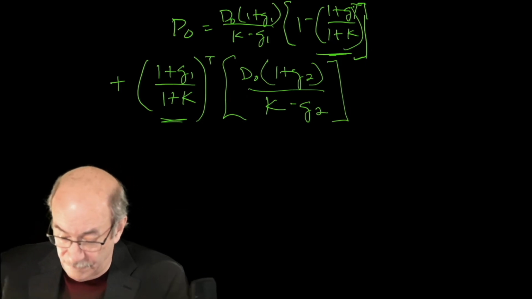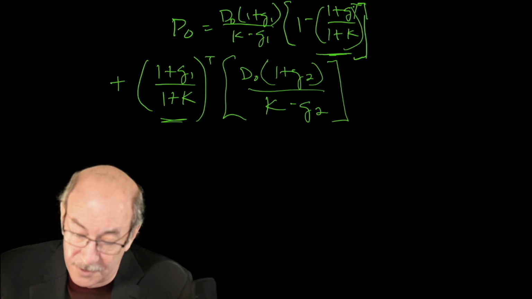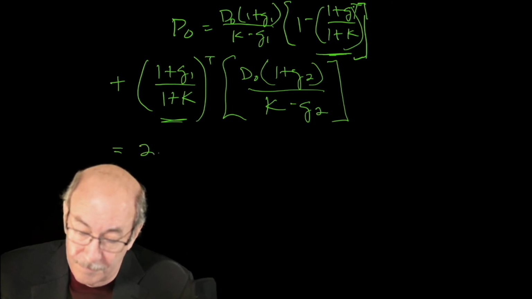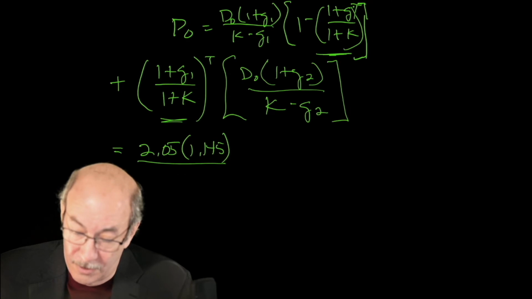So we're starting off with a dividend of $2.05 times 1.145 all over 0.125 minus 0.145.